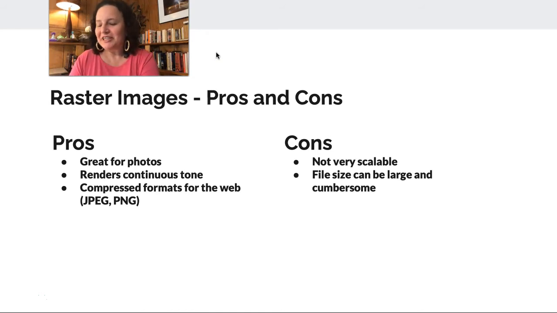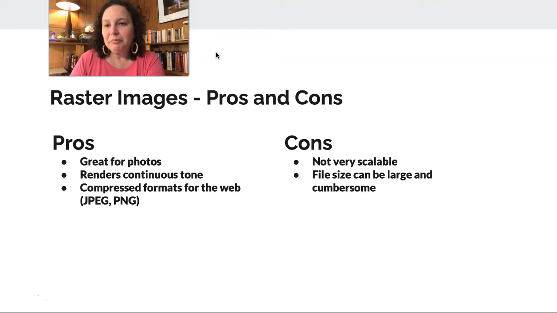So raster images, on the other hand, are also not perfect. Probably 90% of the uses for raster and pixel-based images are for photos and continuous tone photos.